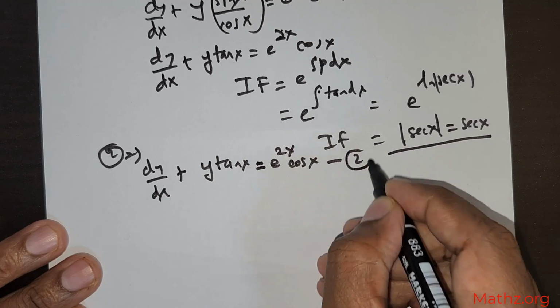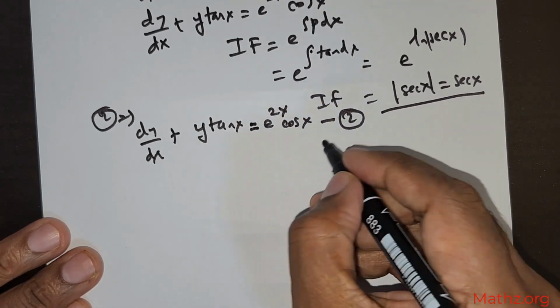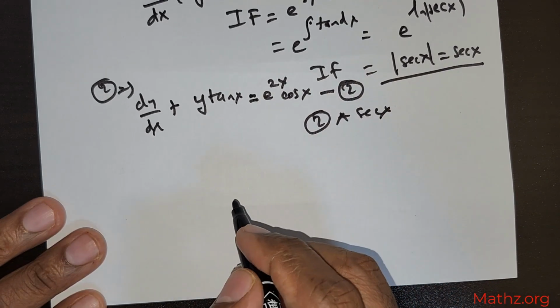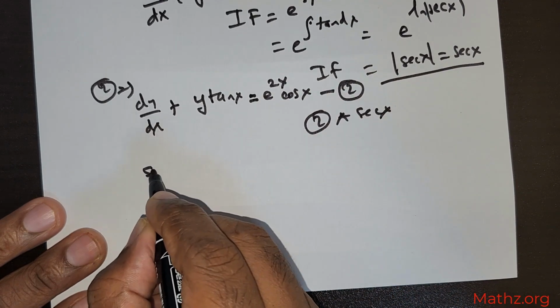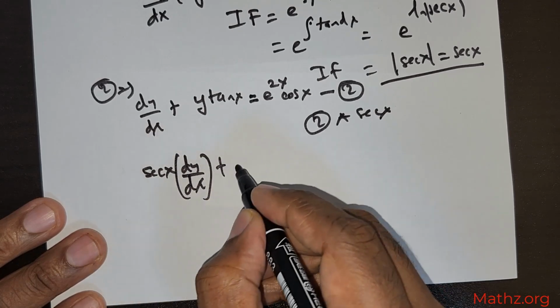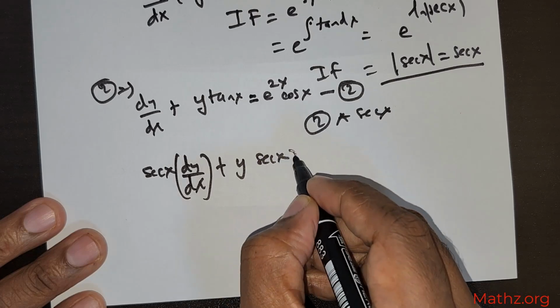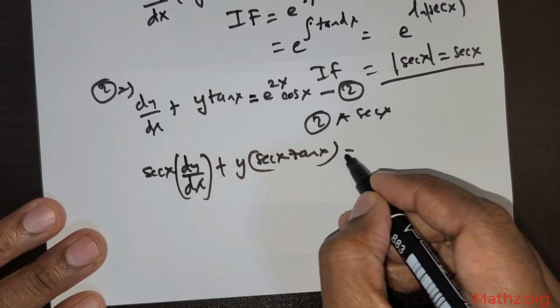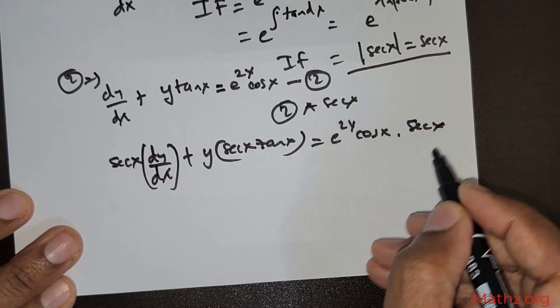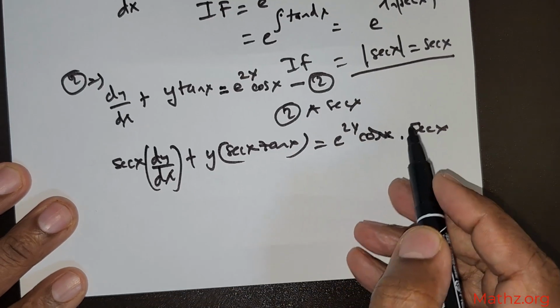I'm going to multiply 2 by the integrating factor. So what do I get? Secant x times dy over dx plus y times secant x times tan x is equal to e raised to the power of 2x cos x times secant x. Now cos x and secant x get cancelled.